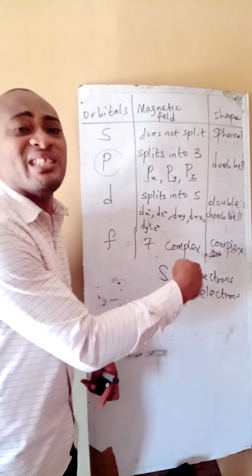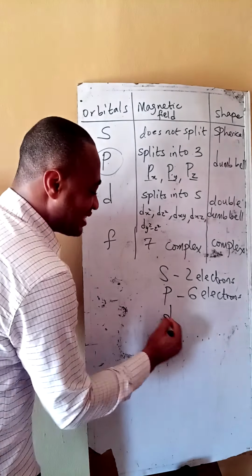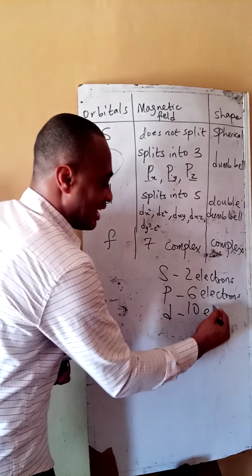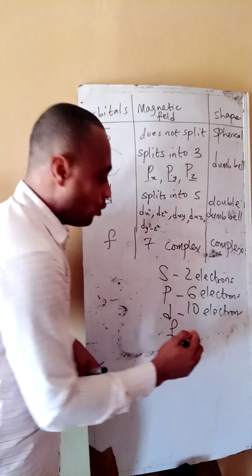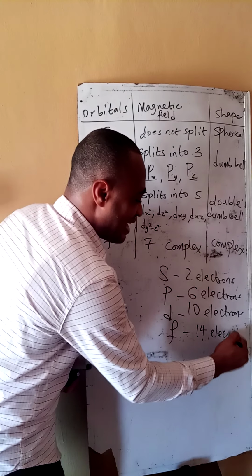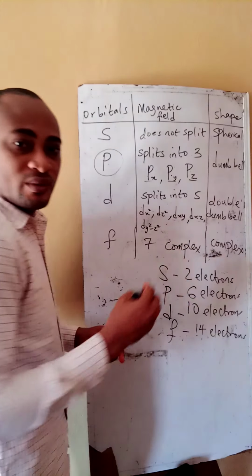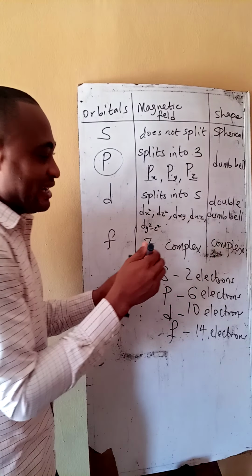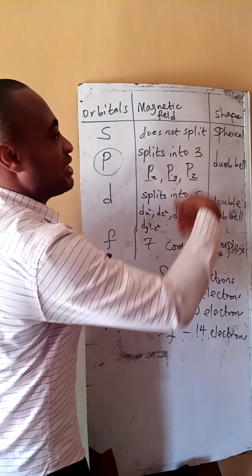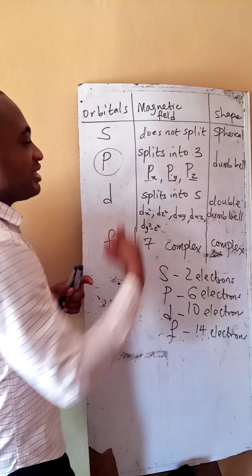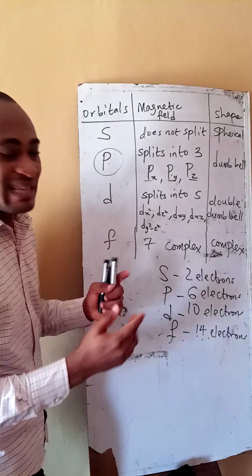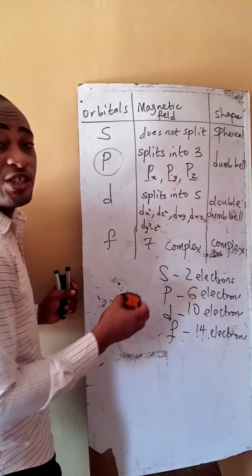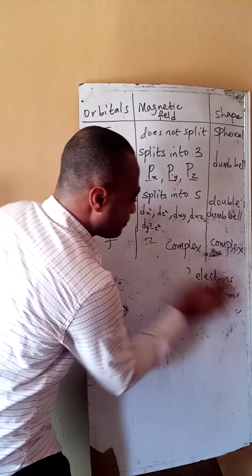Yes, it is increasing by 4. The maximum that D can hold is 10 electrons, while the maximum that F can hold is 14 electrons. So I believe you understand this. So these are the magnetic field splitting patterns, the shapes of these orbitals, and of course, the maximum number of electrons that can be accommodated by each of these orbitals.